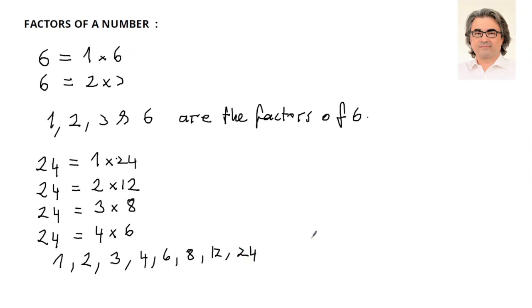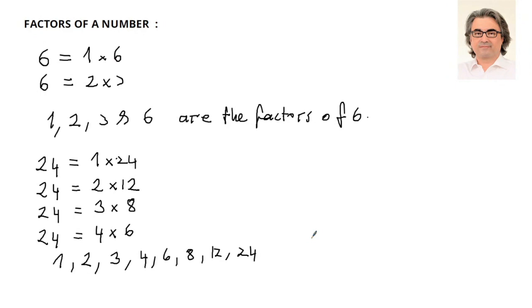That's all. Yes, for these two examples, the numbers 6 and 24 were very small numbers. Because of this fact, I easily found their factors by the multiplication method. So multiplication is a method to find the factors of a number.